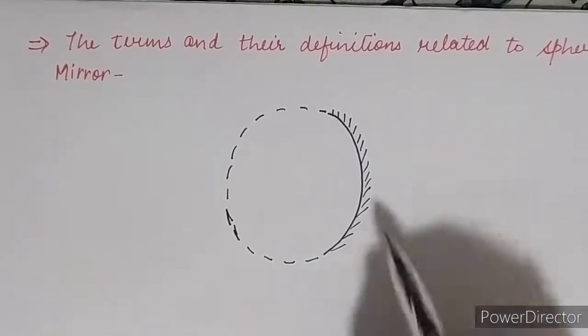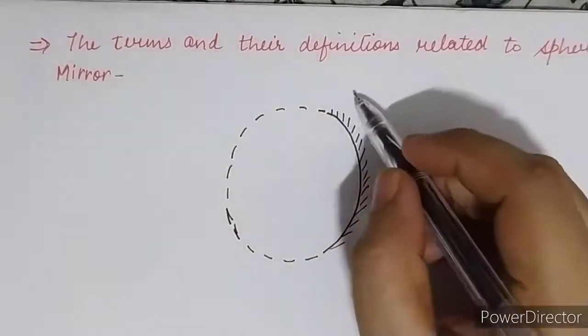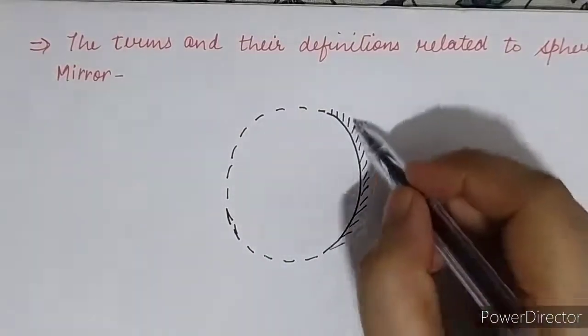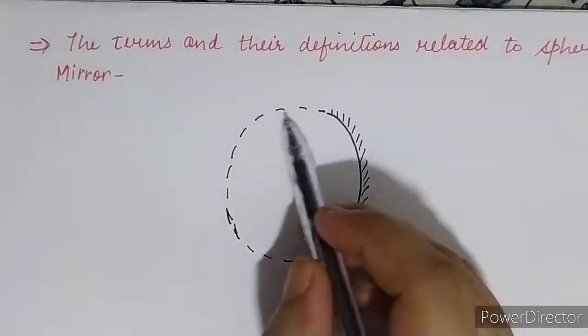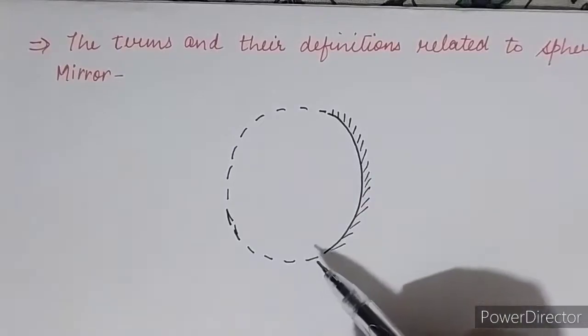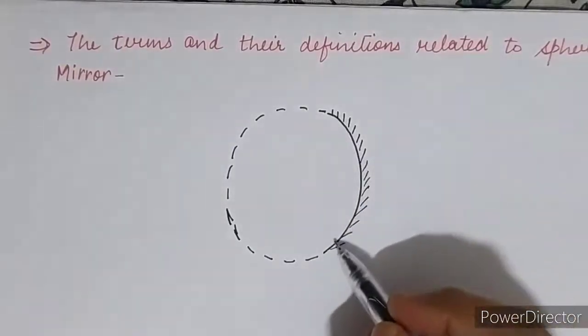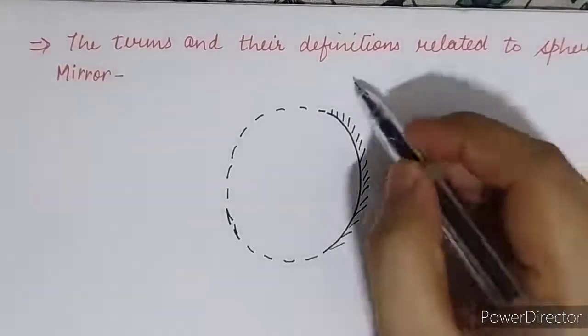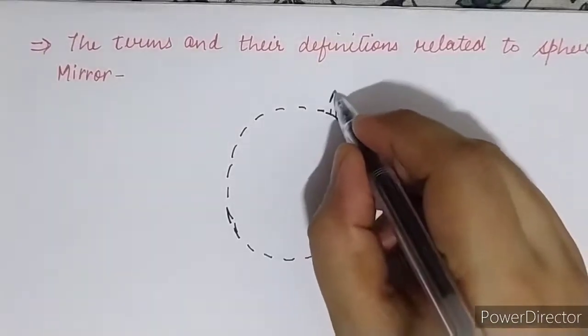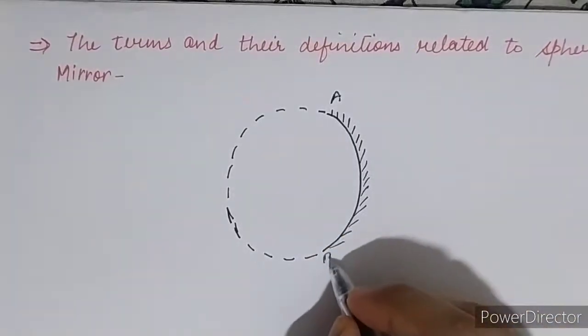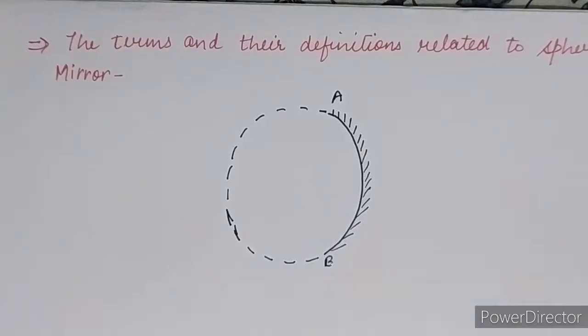Now the whole reflecting surface of a mirror, this is the imaginary sphere, is your aperture. I am denoting this by AB. This is known as aperture.